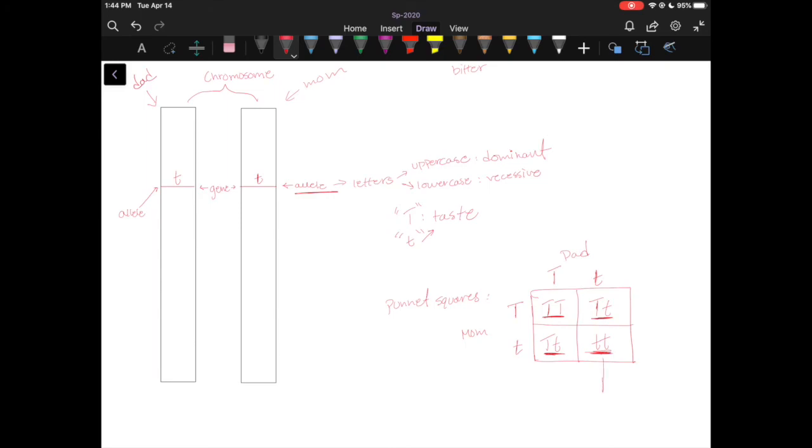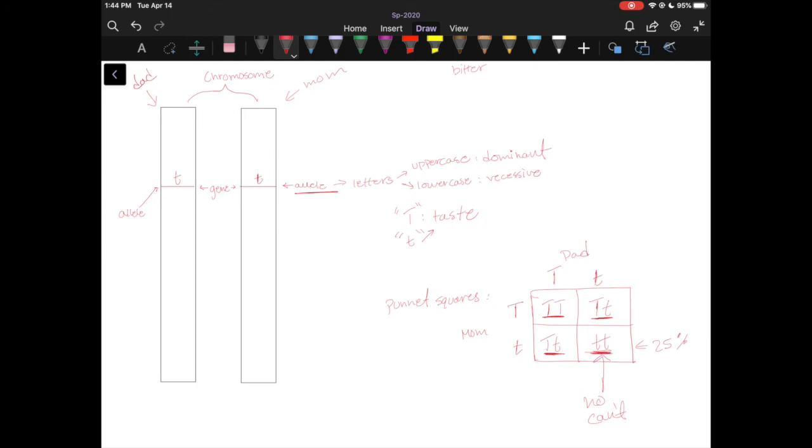But if we have two lowercase t's, represented in only one square, then that means their offspring won't be able to taste it. The likelihood of that happening is 25%, and the likelihood of the offspring being able to taste it is much higher at 75%.